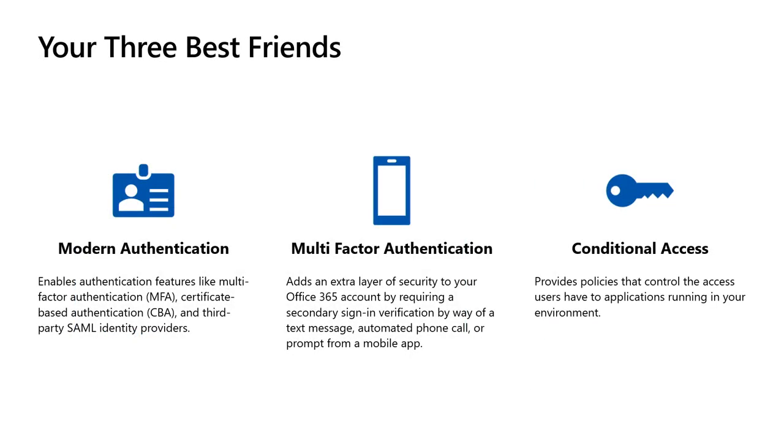So let's talk about your 3 best friends that you can use to protect yourself against legacy auth. First is to change legacy auth to use modern authentication. This is using an OAuth 2 token to go through a web flow and give you a SAML token, which you can use for authentication. It replaces basic auth. Everybody's familiar with that when they log into Office 365.